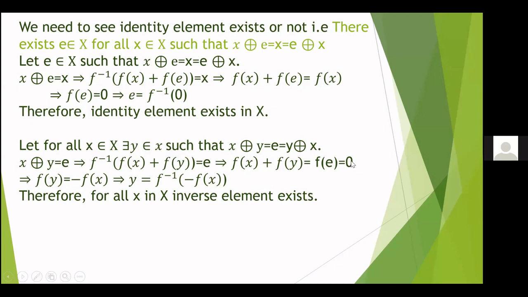Since I know that f of e is 0, after applying f to both sides, I get f of x plus f of y equals f of e, because f of e is 0. And finally, I get that y is equal to f inverse of minus fx. So this is my inverse element of x belonging to X.